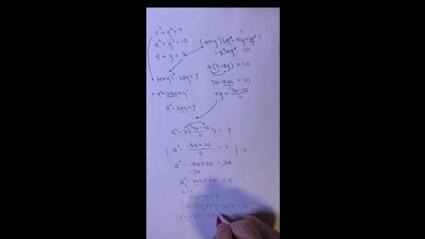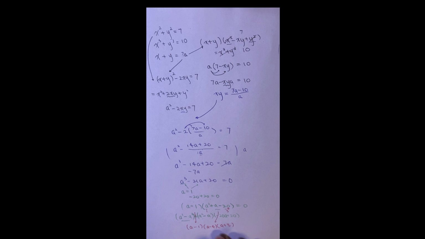We can factorize this: negative 4 and 5, 1 and 1. So (a minus 4)(a plus 5), and then over here, (a minus 1), we just take this down here. How do we know this is correct?